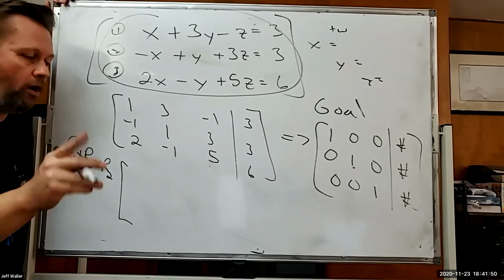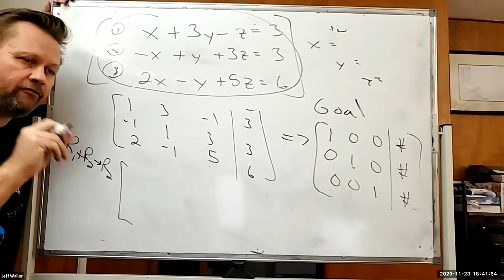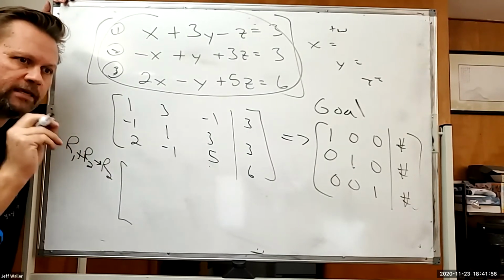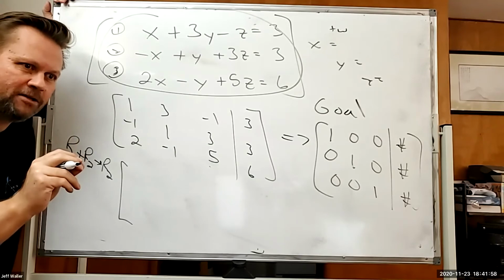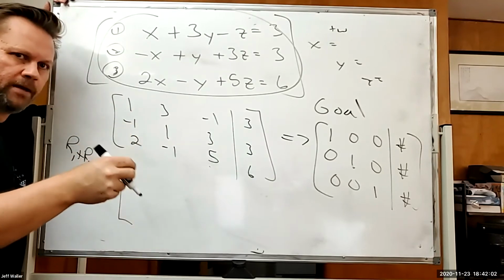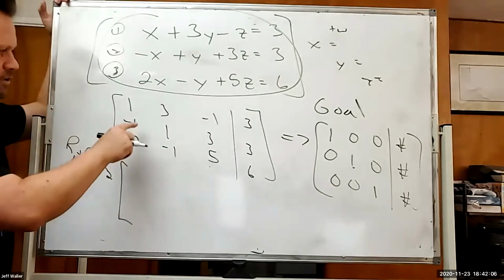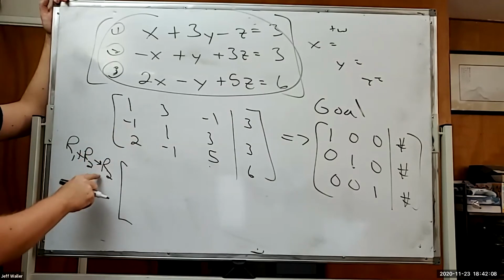Because what I want my matrix to do, at every step, I want it to have the best equations in it. And if I manage to kill a variable, isn't that a better equation? Because there's less unknowns.